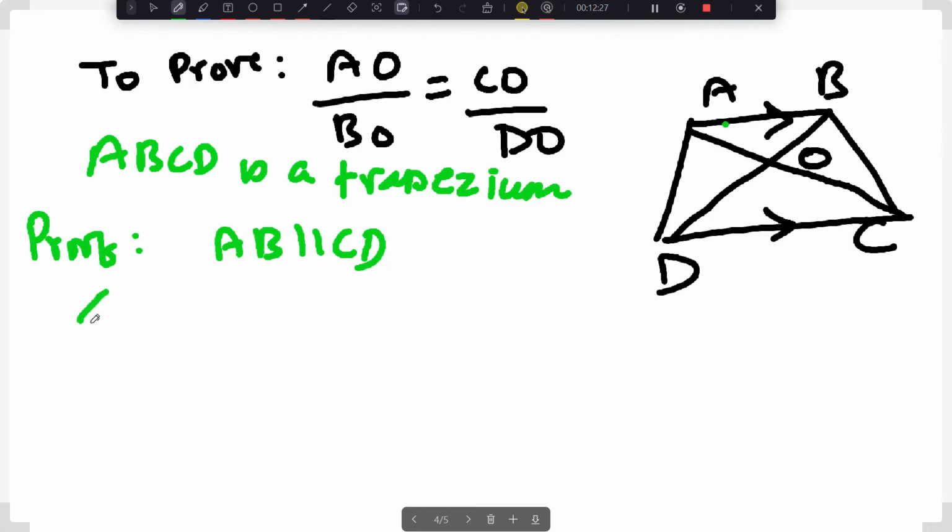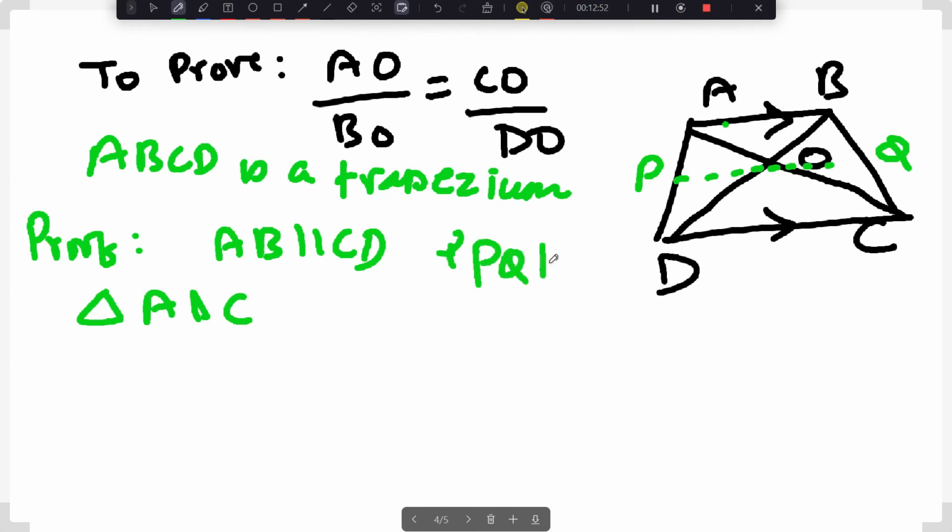So first we'll look at triangle ADC. What we will do is we'll draw a line PQ parallel to AB, parallel to CD.